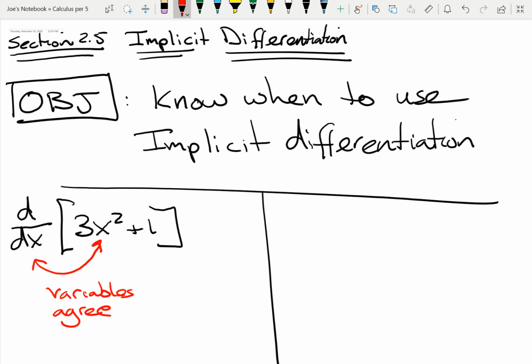You're taking the derivative with respect to x, with the differential in x. That's fine. You do not need to use implicit differentiation. Do what you've always done.